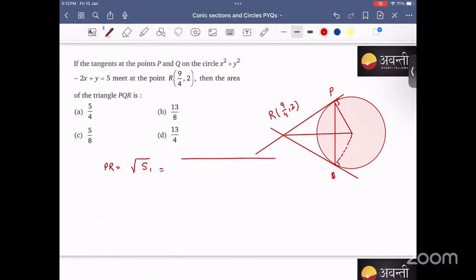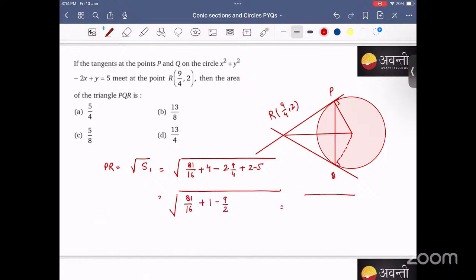That is under root of (9/4) squared, that means 81 upon 16, plus 4 minus 2 times 9/4 plus 2 minus 5. That is under root 81/16 plus 1 minus 9/2.